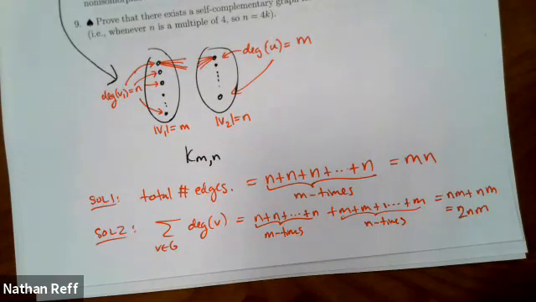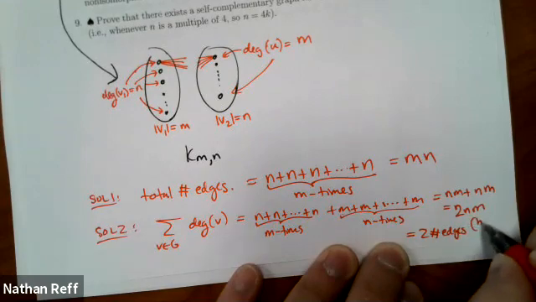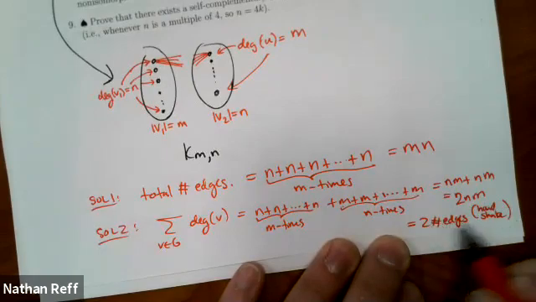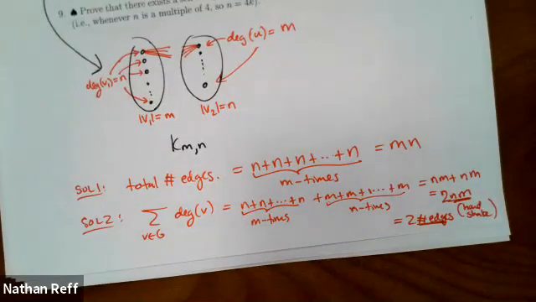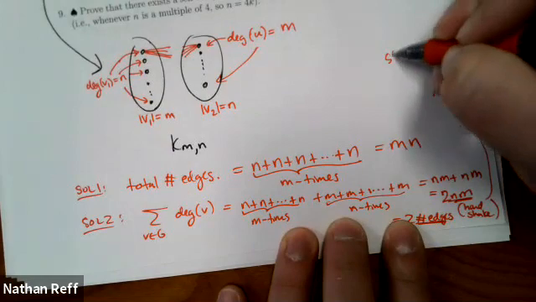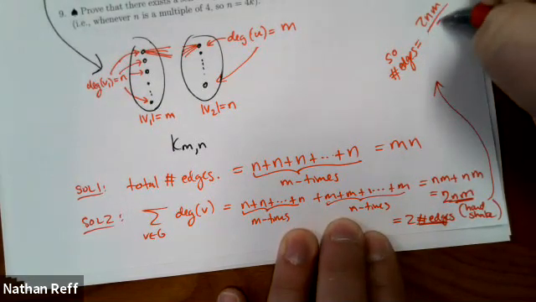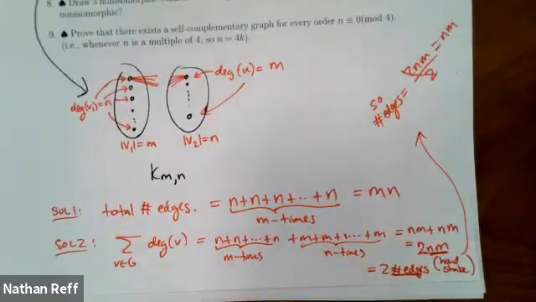So you divide both sides by 2, and the number of edges would be 2NM divided by 2, which is NM. We okay with that?